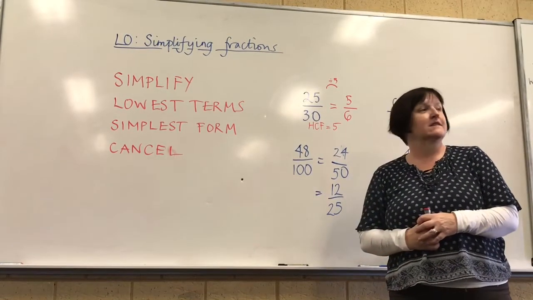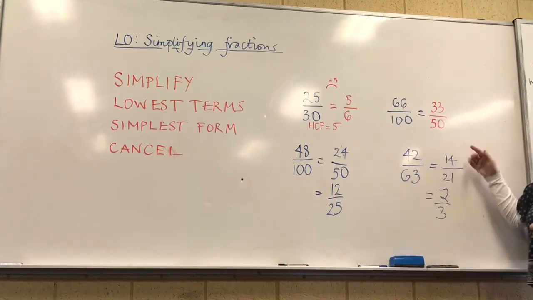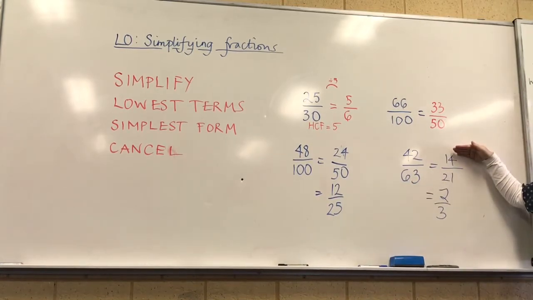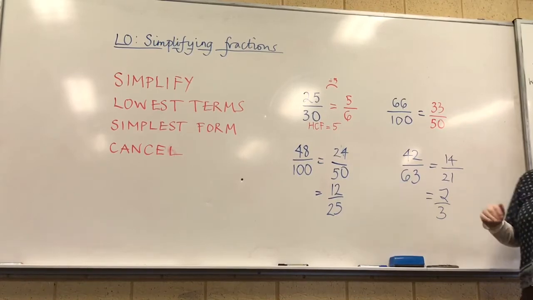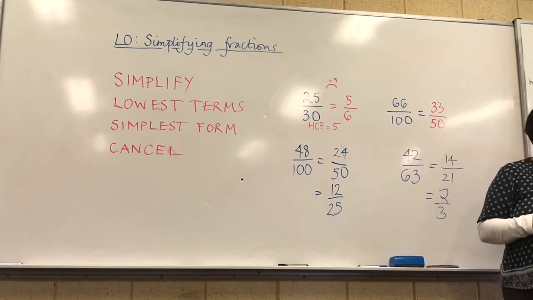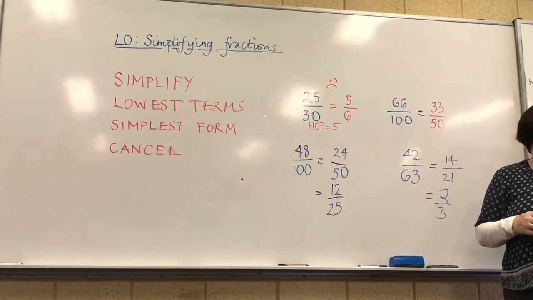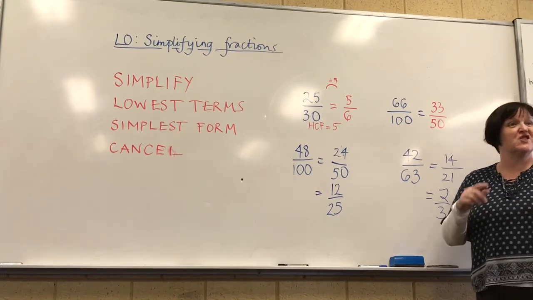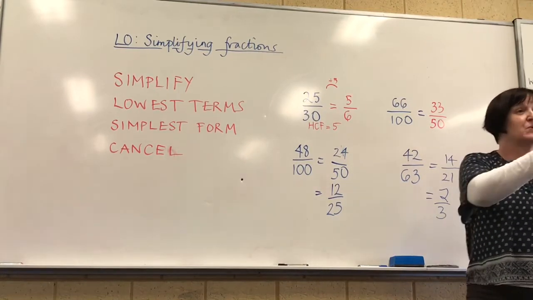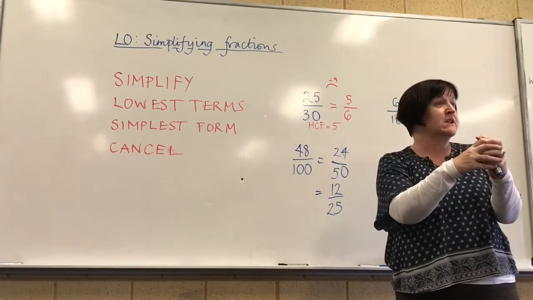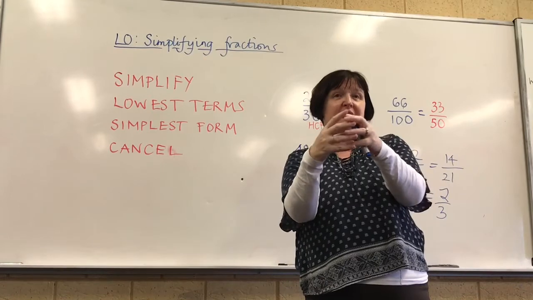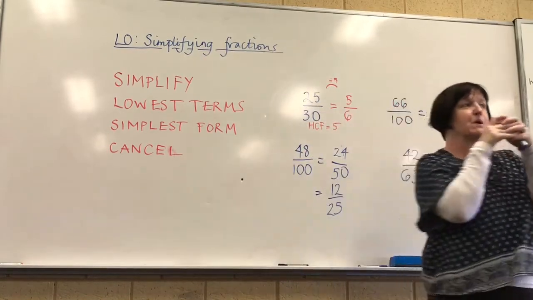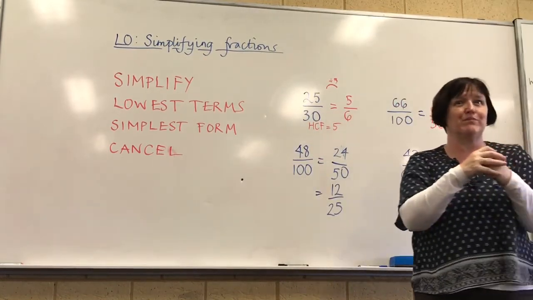7. No, because if we divided it by 3 there, and divided it by 7 there, no, good try. Well done, 21. Because 3 times 7 is 21. So if we divide by 7, and then divide by 3, that would be the same as multiplying by 3 and multiplying by 7, or multiplying by 21.